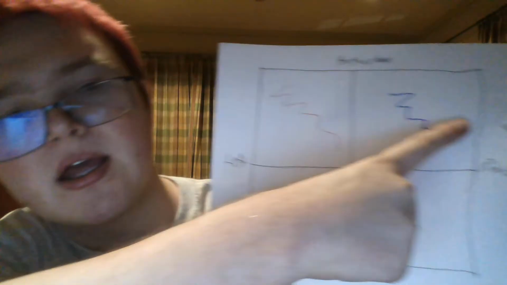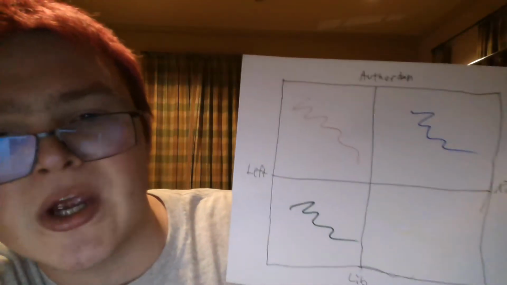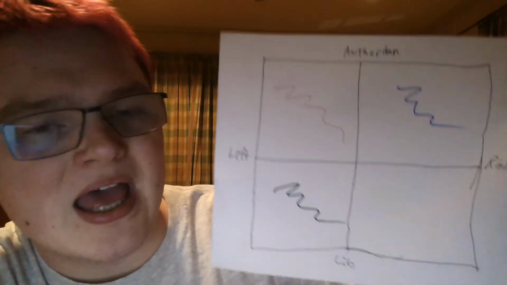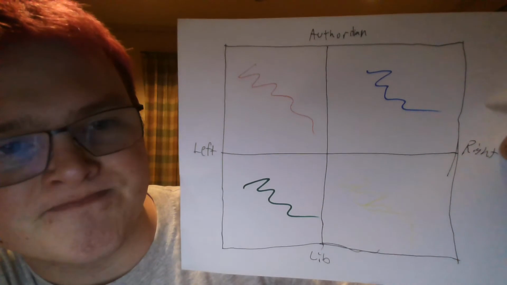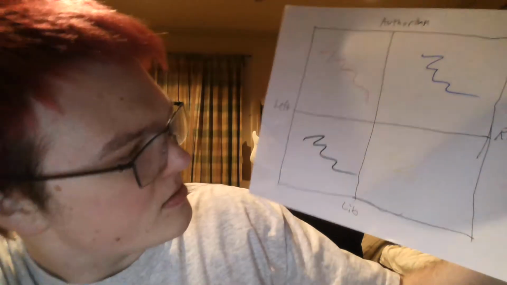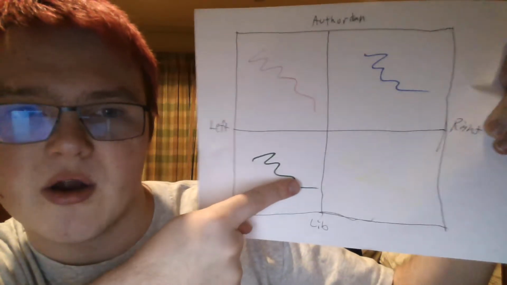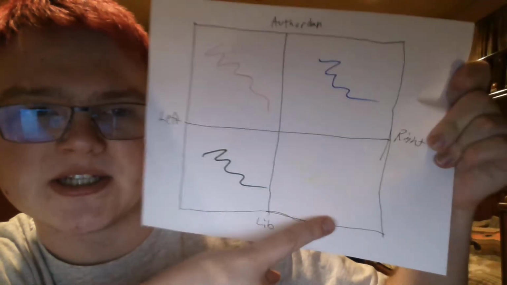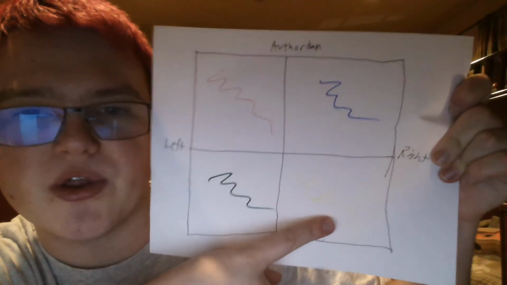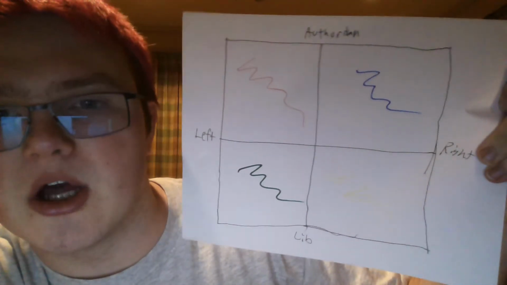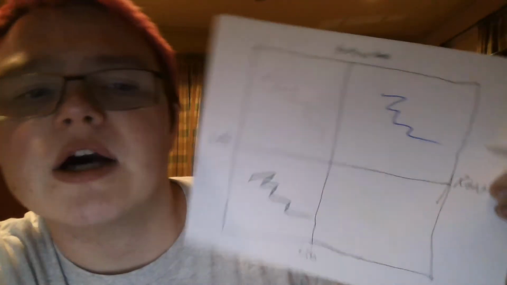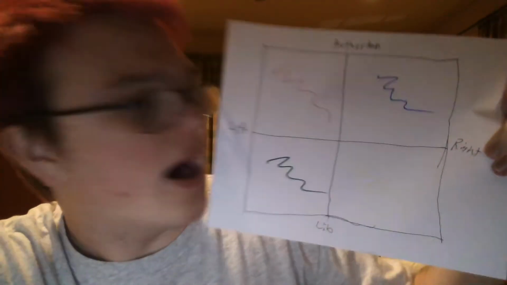You've got essentially right-wing Nazis. And then you've got your anarcho-communists. Then you've got libertarians, with barely legible yellow pencil.